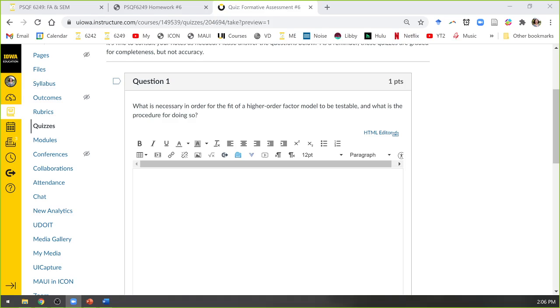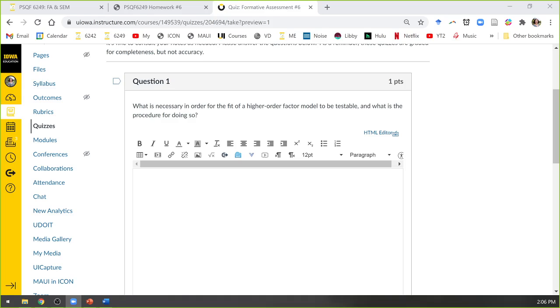And if you want to have a higher order factor, what are you hoping happens in that comparison? Do you want it to be significant or not? If you want a higher order factor. Not significant. Yeah.